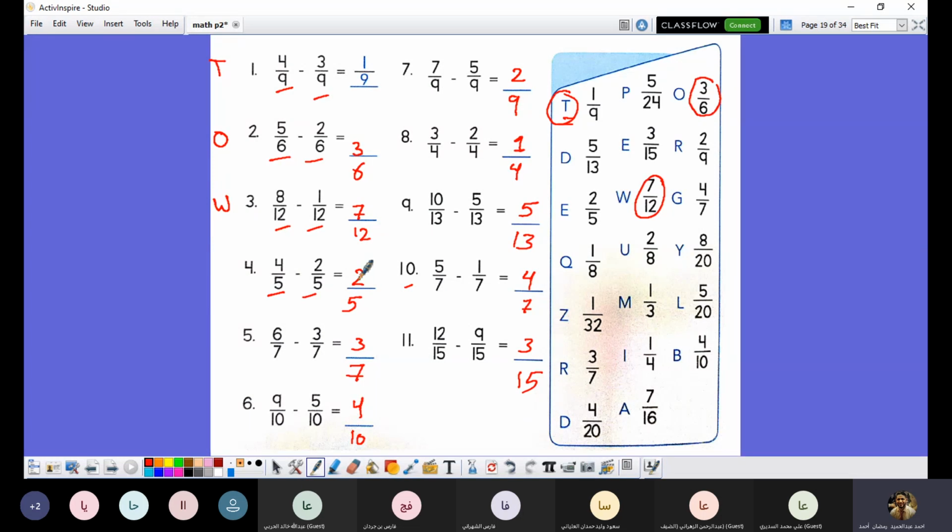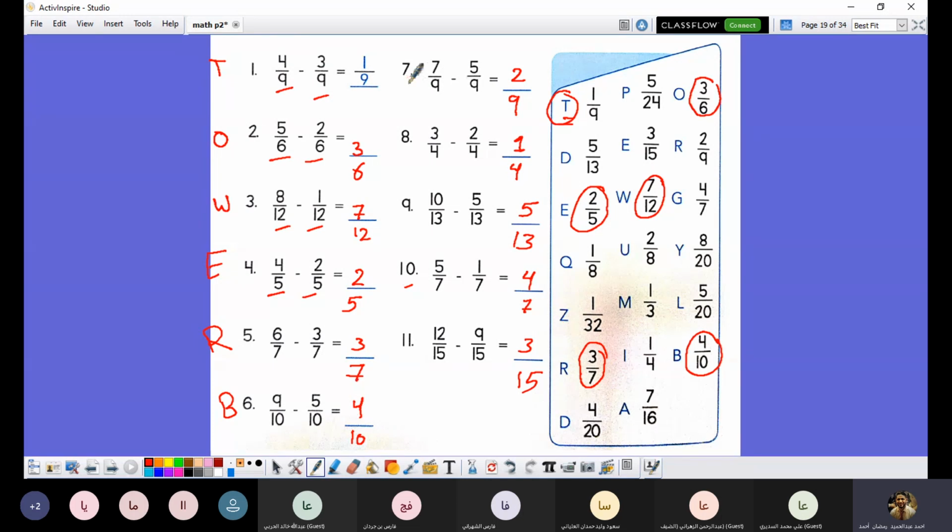We have 2 over 5. 2 over 5 is E. And now 3 over 7 is R. Number 6, 4 over 10 is B. Here we have 4 over 10.